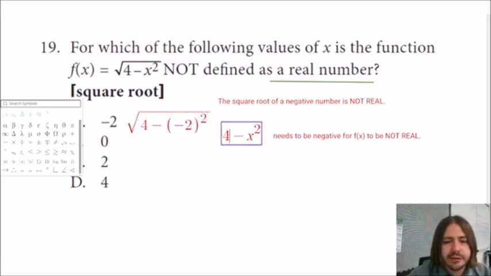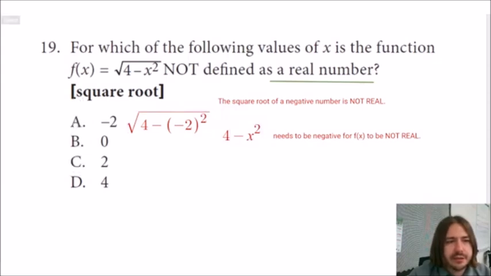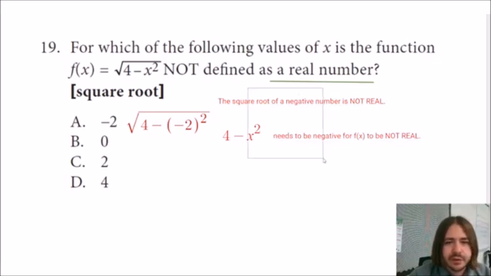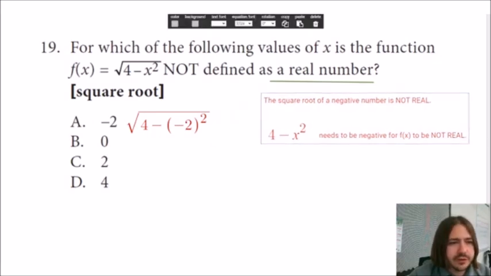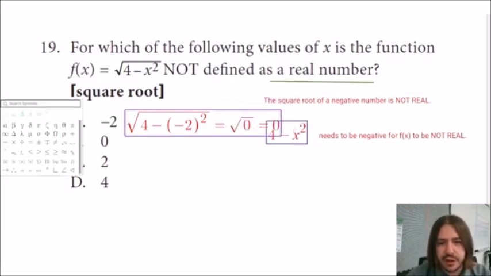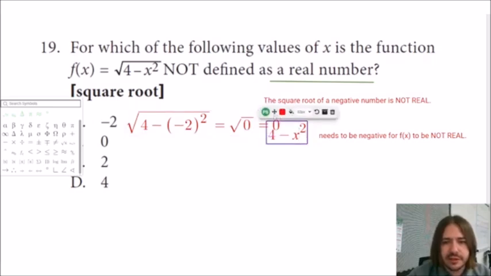Now, -2 squared is 4, right? And 4 minus 4 is 0. So this is just going to equal the square root of 0, which is just 0. And 0 is on the number line, so it is real. That is not going to be our answer.